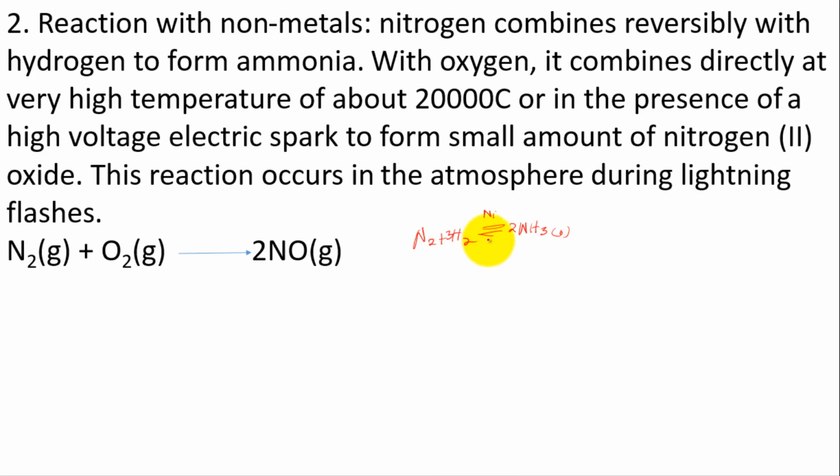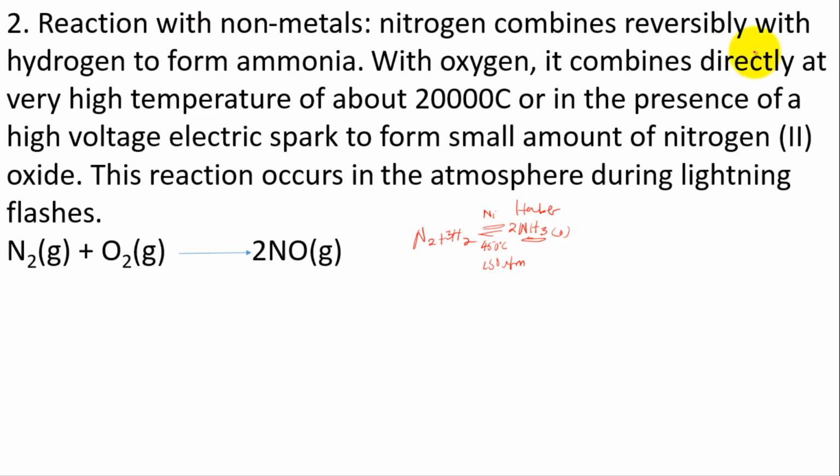The temperature is about 450 degrees Celsius at high atmospheric pressure. Therefore, this is called the Haber process. Nitrogen combines reversibly to form ammonia.